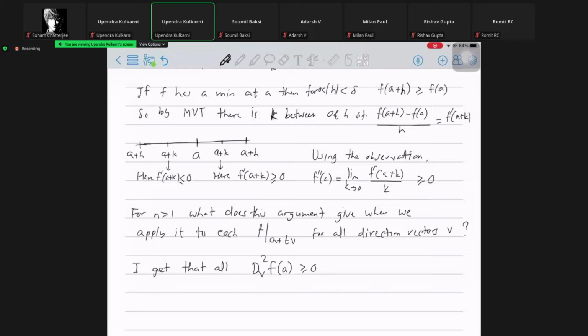In particular, if I calculate all of del square by del xi square of f at a, all of those entries are greater than or equal to 0. But this is saying a lot more, right?